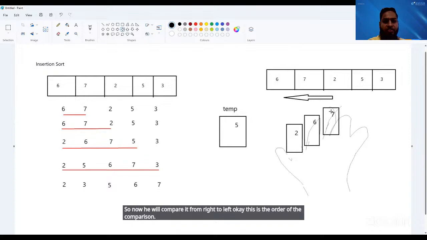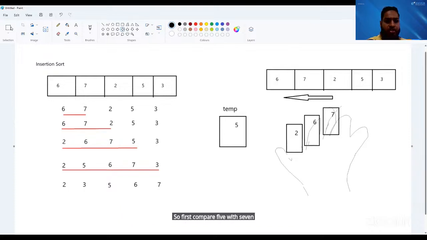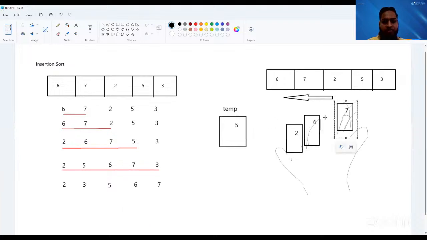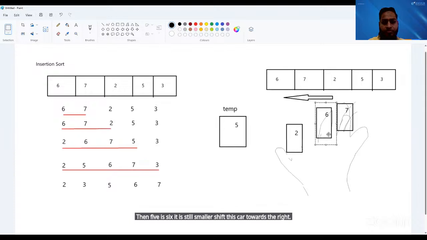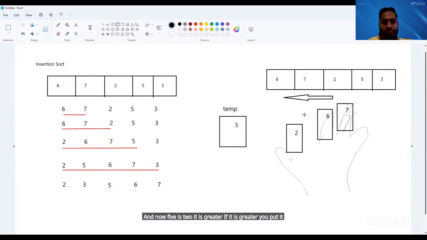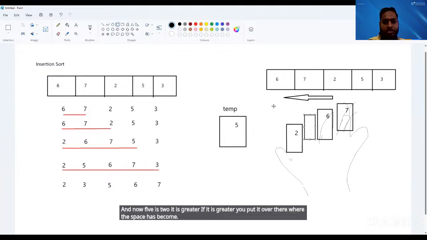So first compare 5 with 7. It is smaller. Shift this card towards the right. Then 5 with 6. It is still smaller. Shift this card towards the right. And now 5 with 2. It is greater. If it is greater, you put it over there where the space has become. You put it over here.